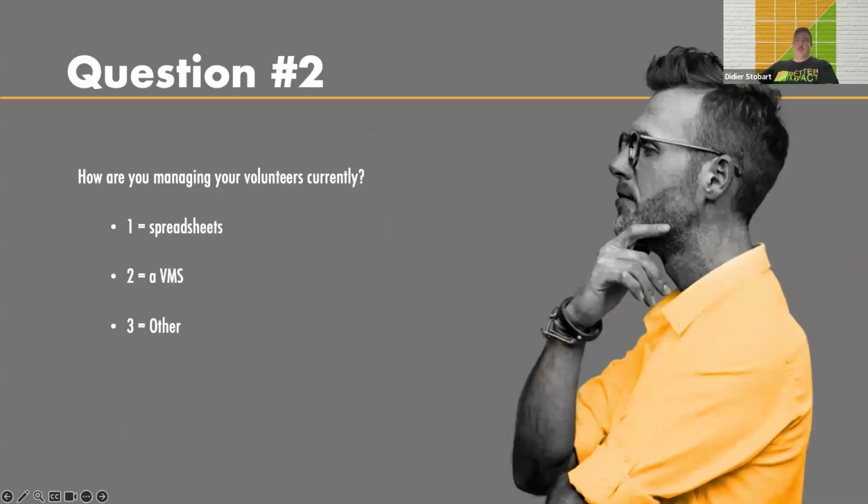So question number 2, how are you managing your volunteers currently? Is it number 1, spreadsheets, number 2, a volunteer management system, or number 3, other? Most are number 1, spreadsheets, or number 2, a volunteer management software or system.